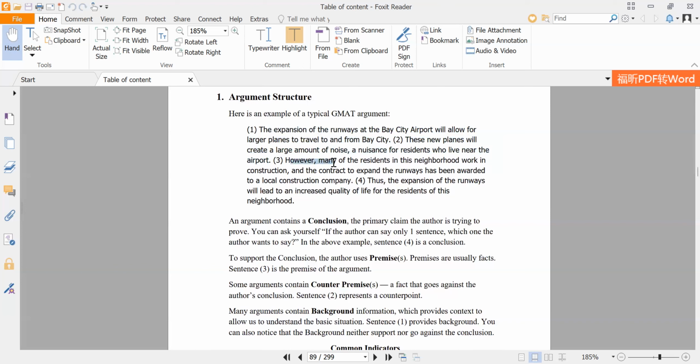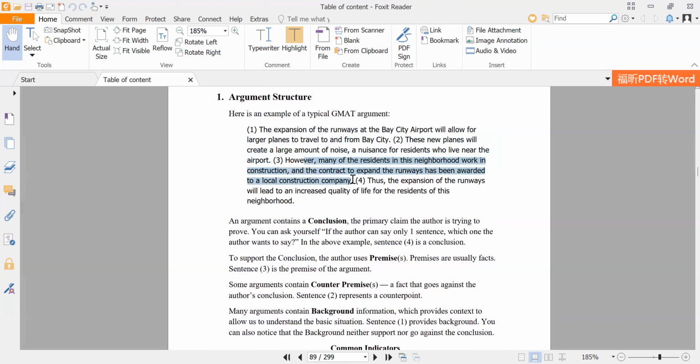All right. However, okay, so we're starting to see a change in tone here, a contradiction to the previous sentence. However, many of the residents in this neighborhood work in construction, and the contract to expand the runways has been awarded to a local construction company. All right, so this is also a fact set. We can definitely determine whether this is true or not.